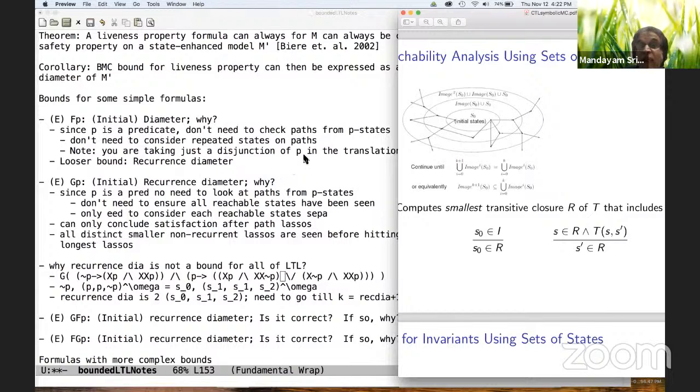And since P is just checking something on the current state, you don't need to look at any paths starting from that state itself. Therefore the diameter itself, or the recurrence diameter, which is looser than the diameter, is a bound.